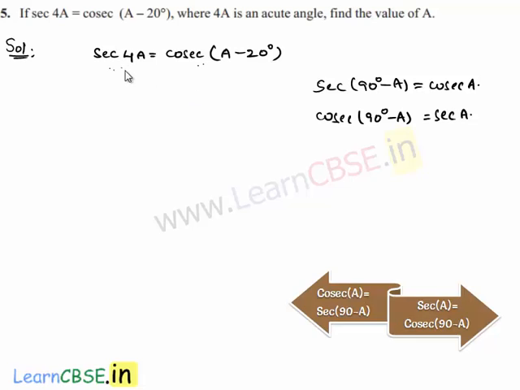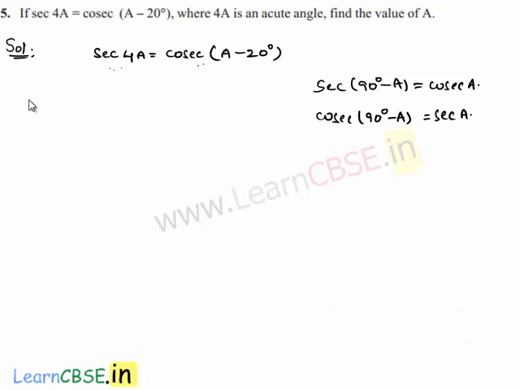Now let us convert the given equation in terms of secant so that the calculation can be made simpler. On the left hand side, secant 4a remains, and cosecant (A minus 20 degrees) can be written as secant of (90 degrees minus (A minus 20 degrees)).